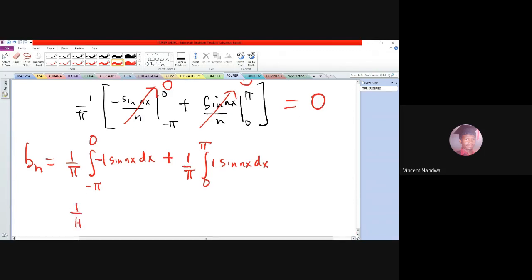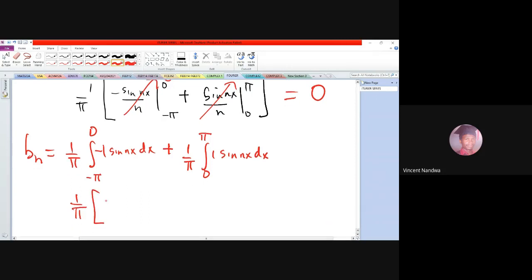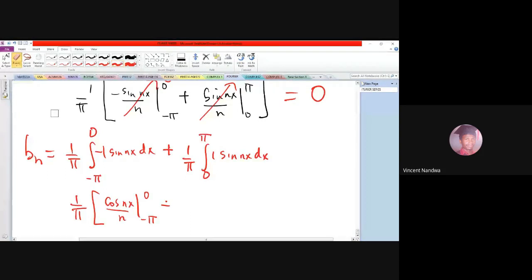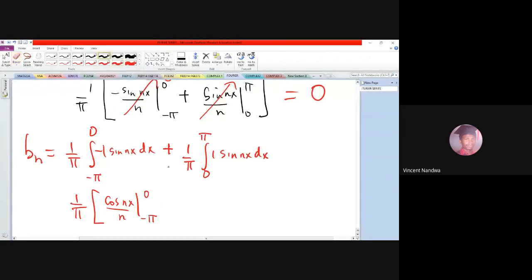So we have 1 over pi. Integration of sine is minus cosine. So minus minus will be plus cosine nx over n from minus pi to 0. And then this will be minus cosine nx over n from 0 to pi.